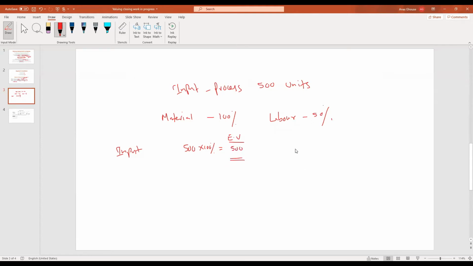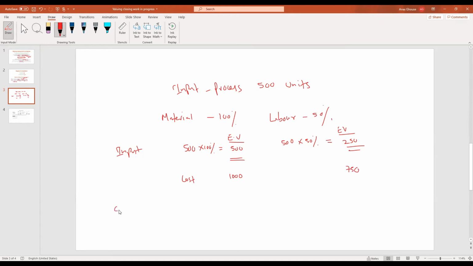With regard to labor, of 500, 50% completed, your equivalent units will be 250. Let's say your cost for material is 1000 and cost for labor is 750.